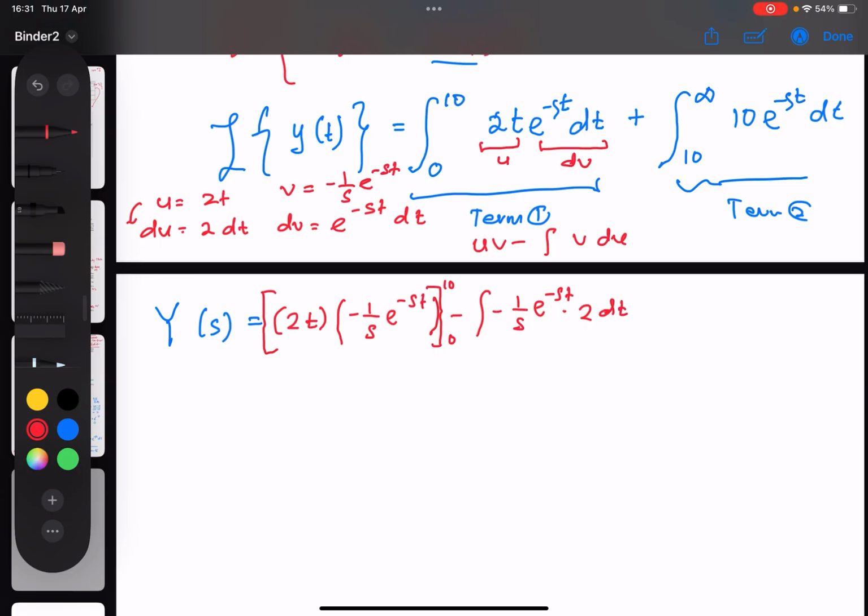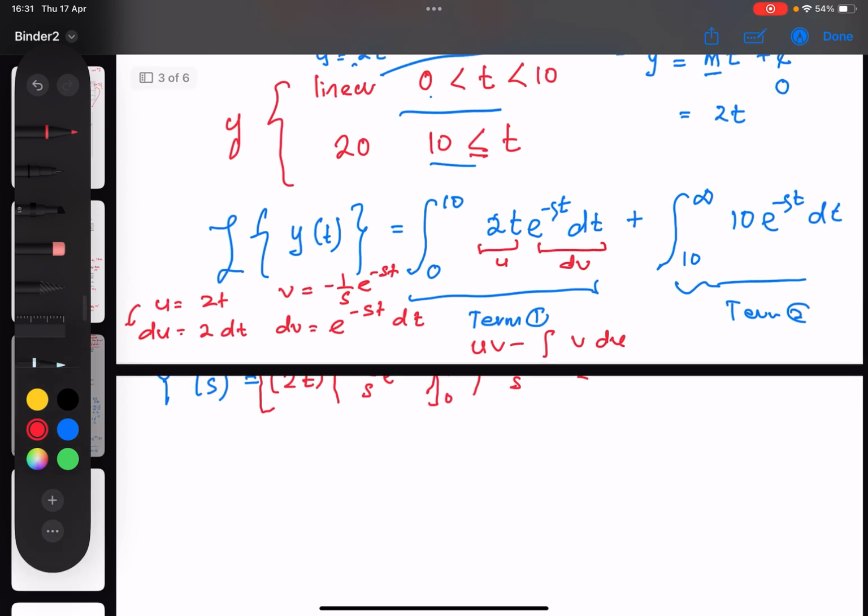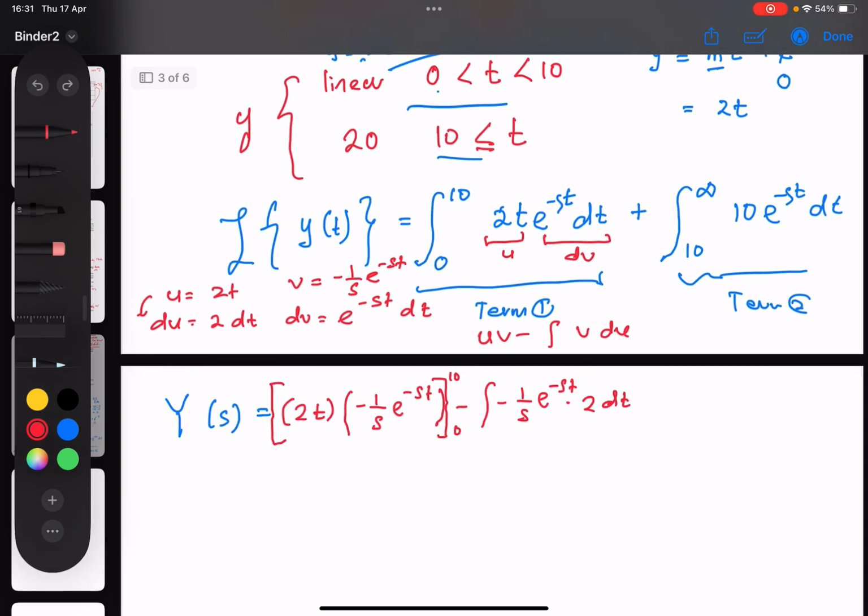And again the time is between 0 and 10. And also don't forget that I have another term, the second term here, plus this one, which should be straightforward.